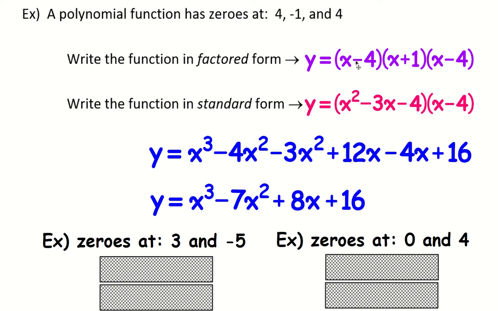I'm not going to make you take 3 bubbles and multiply them together to get back to standard form on the homework. This would be your final standard form, whereas this was the factored form. But I'll have you do stuff like this, where all you're doing is multiplying a couple things together. That's super quick and easy.